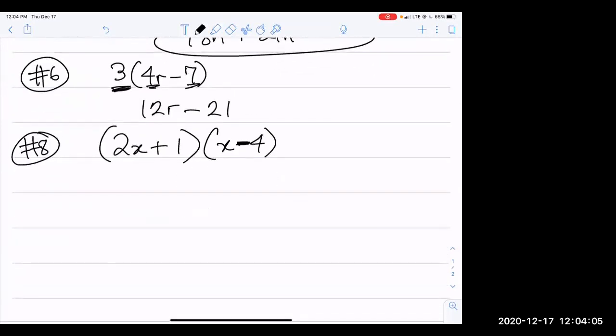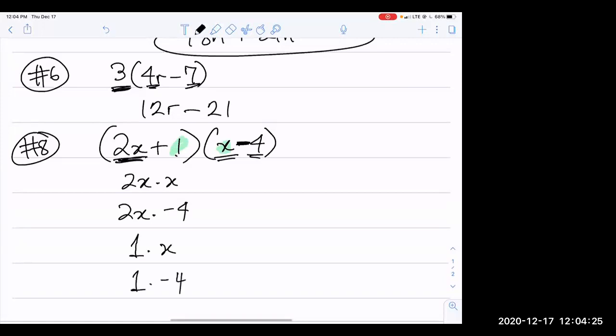So 2x plus 1, x minus 4, basically the 2x times x, those two will multiply, and then you have 2x times negative 4, and then you have 1 times x, and 1 times negative 4. So what happened is each item multiplies.